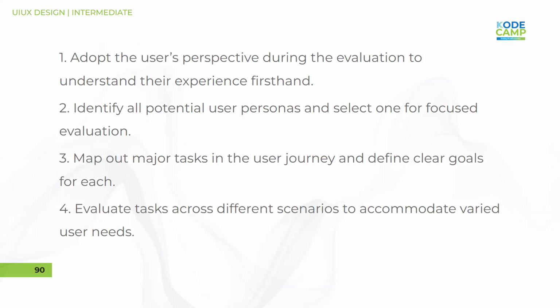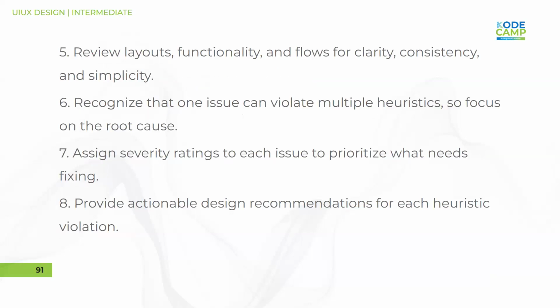Map out major tasks in the user journey and define clear goals for each. Also evaluate tasks across different scenarios to accommodate varied user needs. Number 5, review layouts, functionality, and flows for clarity, consistency, and simplicity.